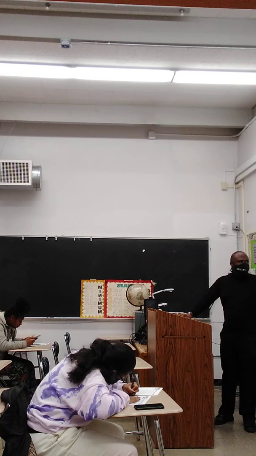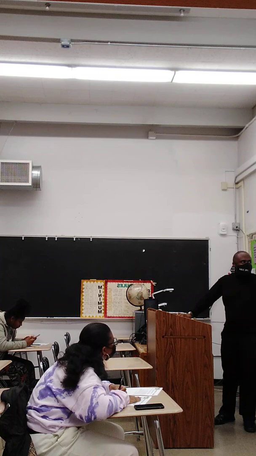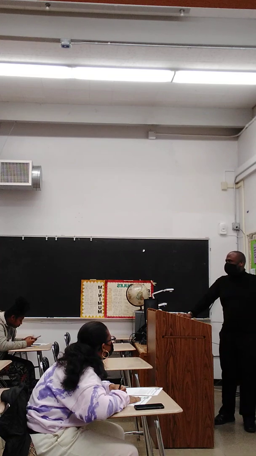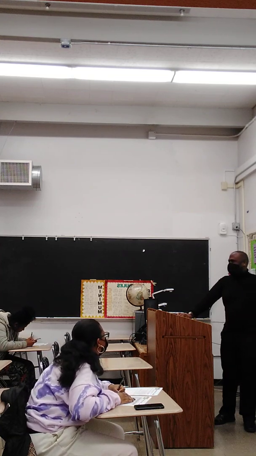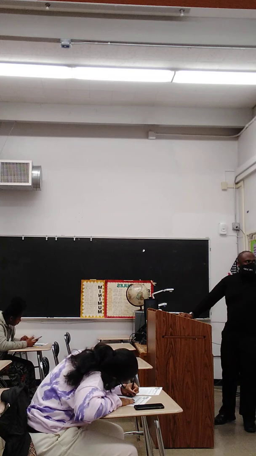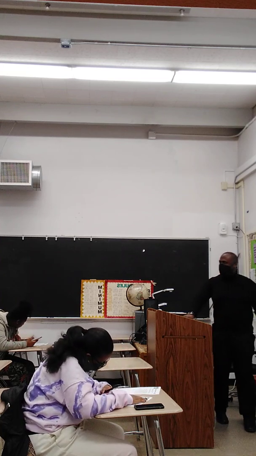Okay, 253 minus 20. What is 3 minus 0, Ronald? 3. I put that 3 down here. What's 5 minus 2? 3. Good. What's 2 minus nothing? 2. That's what we have down here.